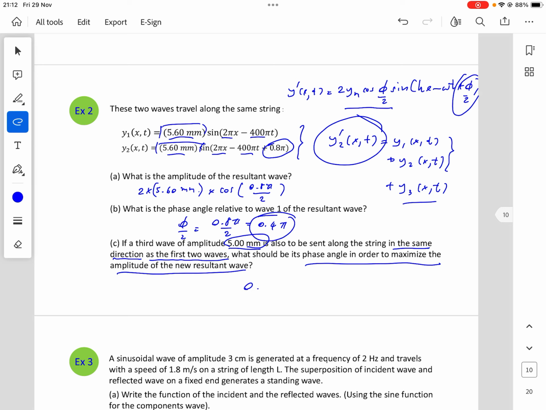This one should also have 0.4 pi in order to be in phase with y prime of x, t. Understand what I mean, right? So this is the answer. The third wave should have the same phase as the combination of wave 1 and wave 2. That is okay.